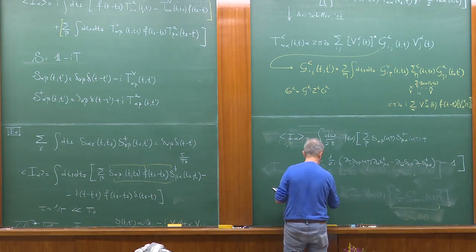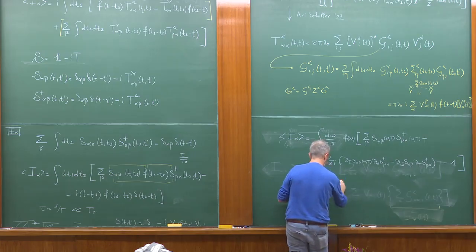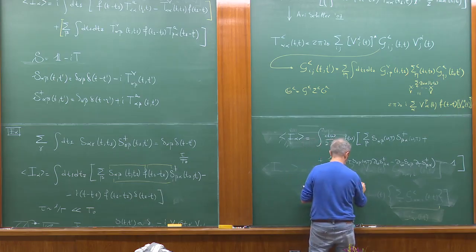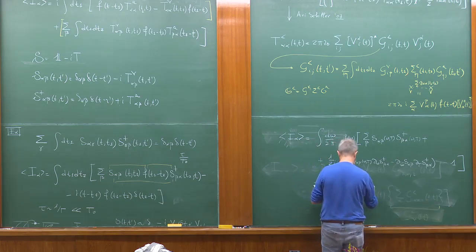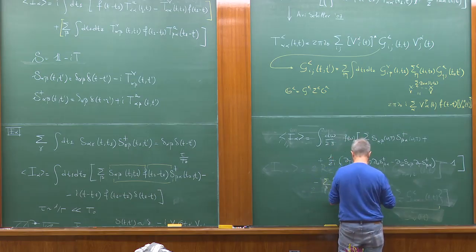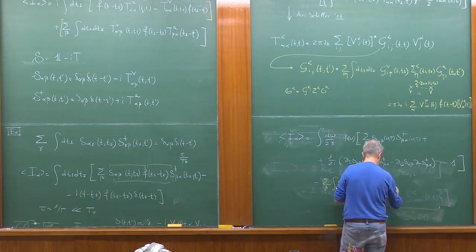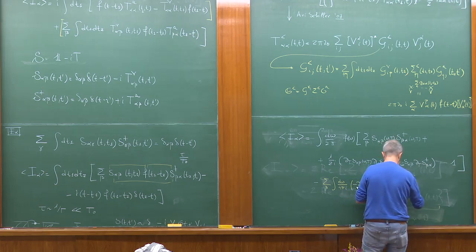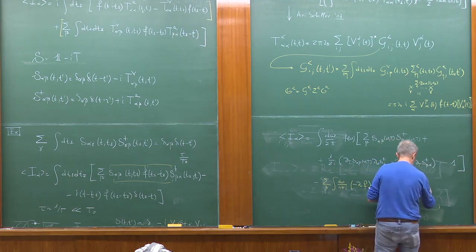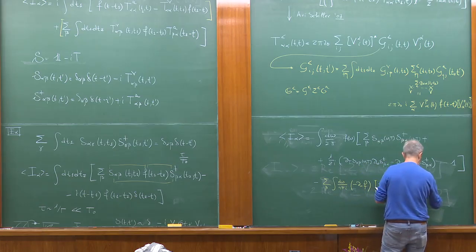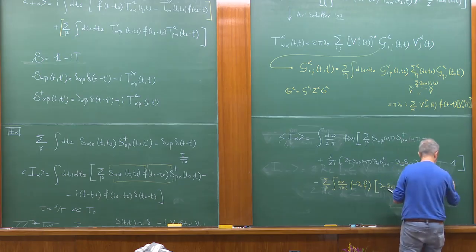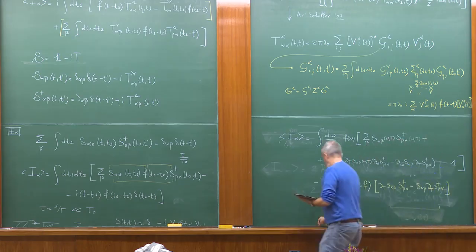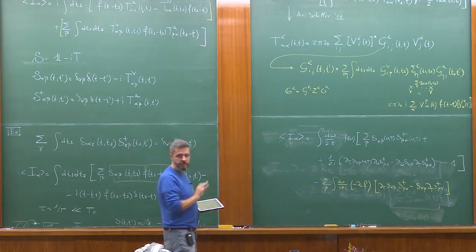Sum over beta integral d omega over 4 pi I, and then minus d omega f dt S alpha beta S dagger beta alpha minus S alpha beta dt S dagger beta alpha. Okay, so this is the result of the expansion.